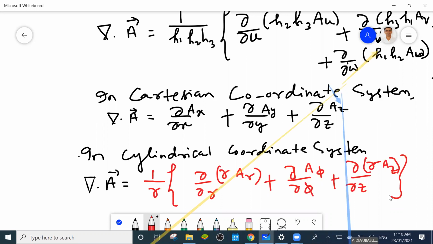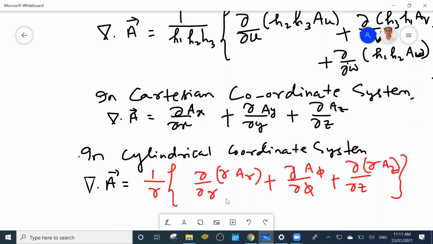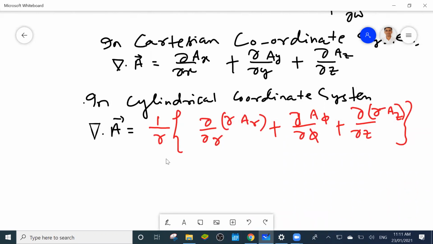You multiply 1 by R. You have to open the whole bracket. So you multiply 1 by R and tell.